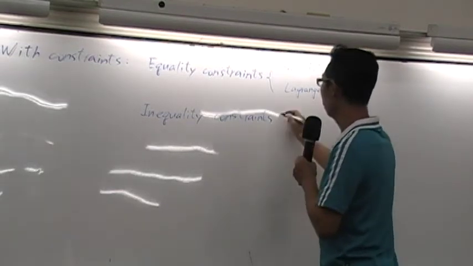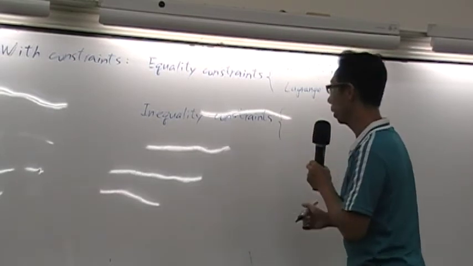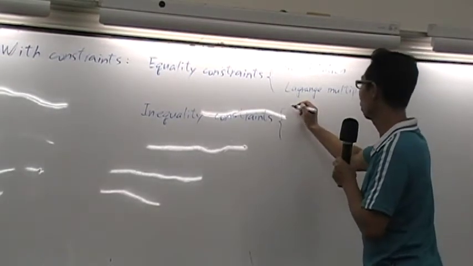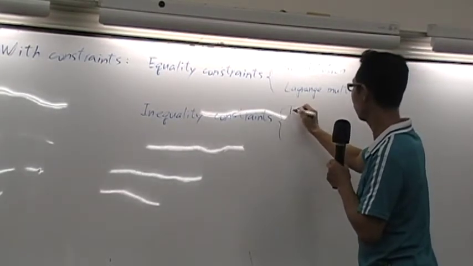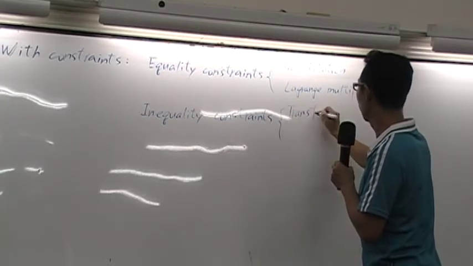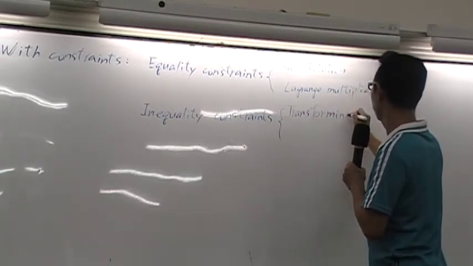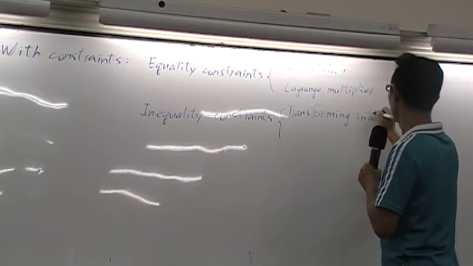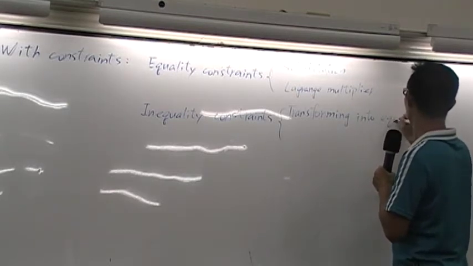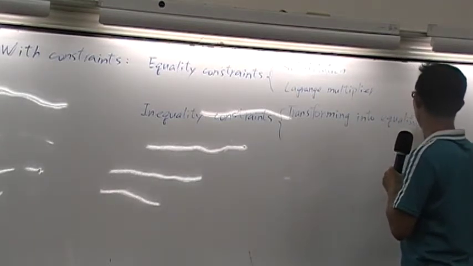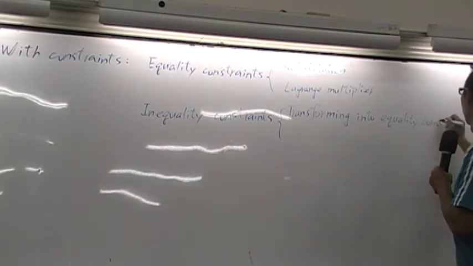Okay, and for inequality constraints, we have learned the transformation method, right? So, transforming into equality constraints.